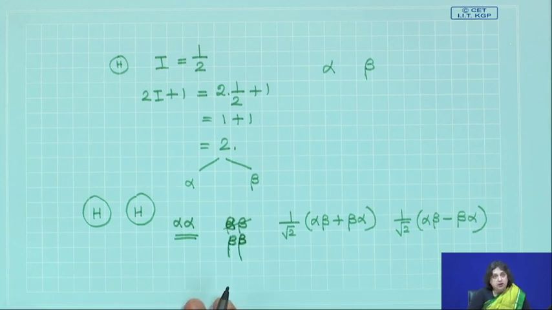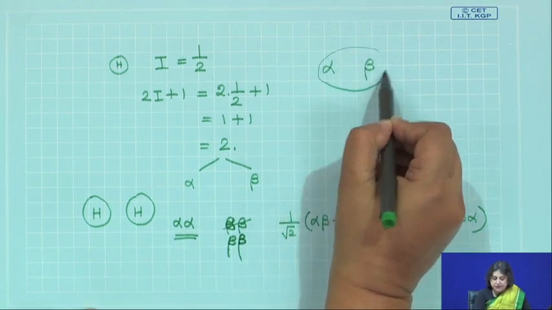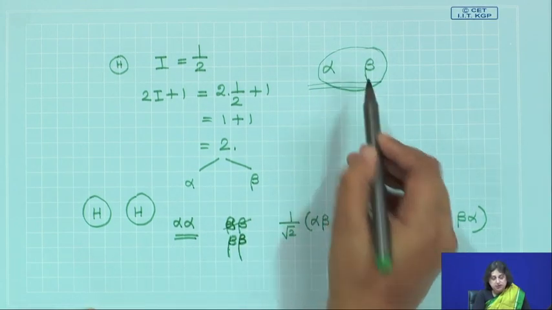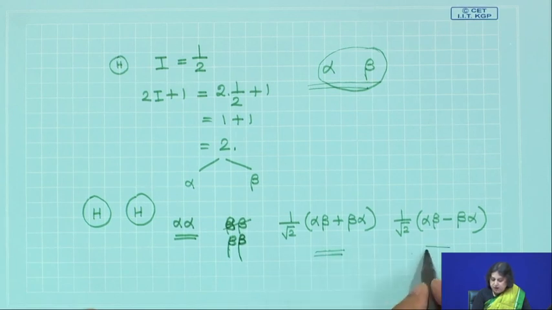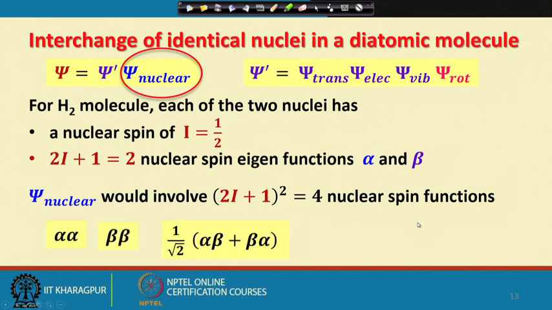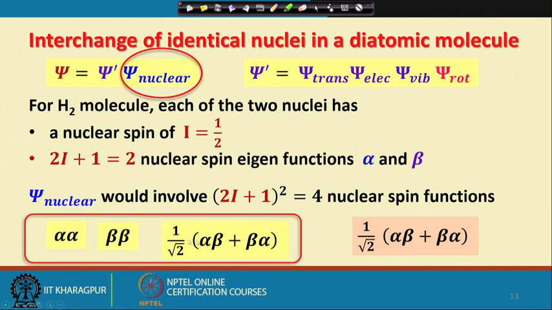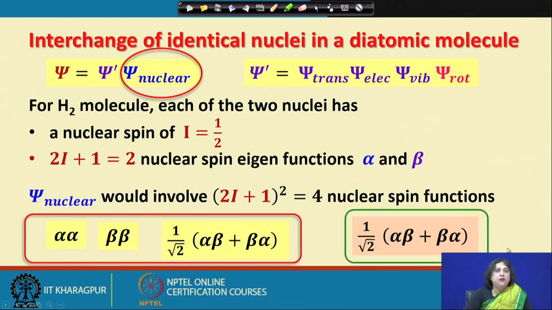Quantum mechanics requires that under such condition you take a linear combination of these two, and these are the combinations that are allowed in this particular case. So, these 4 nuclear spin wave functions are alpha alpha, beta beta, and the combinations of alpha beta and beta alpha. Out of these, I have clubbed these 3 together and I have labeled the 4th one separately. Do you understand why?